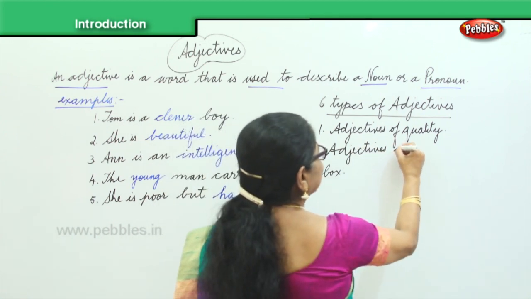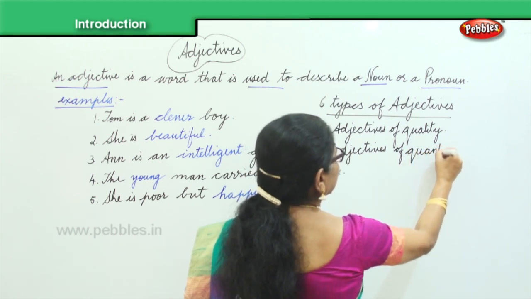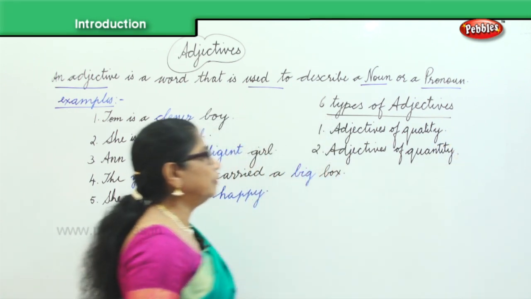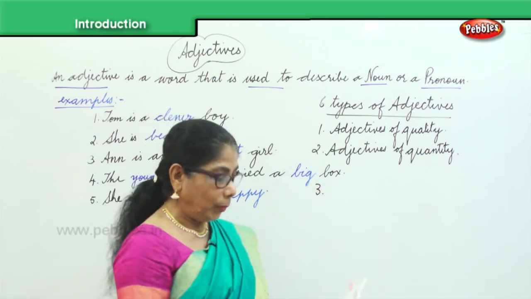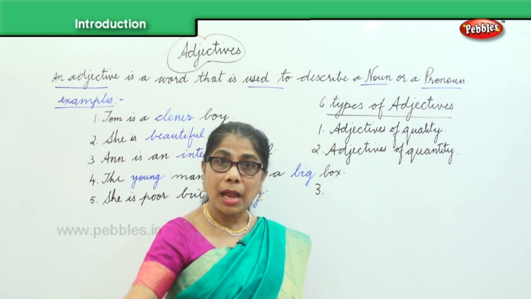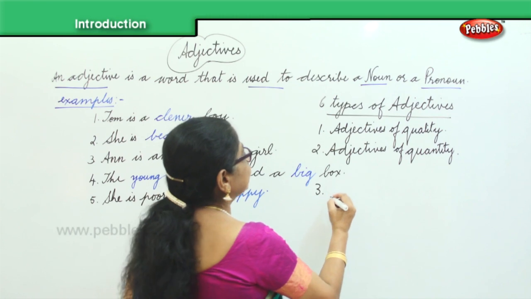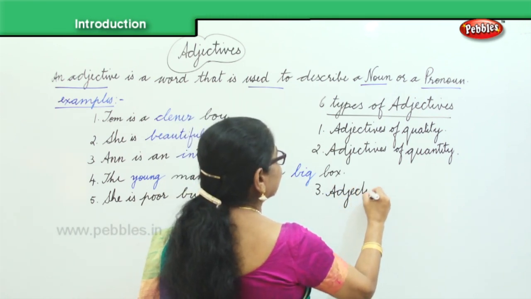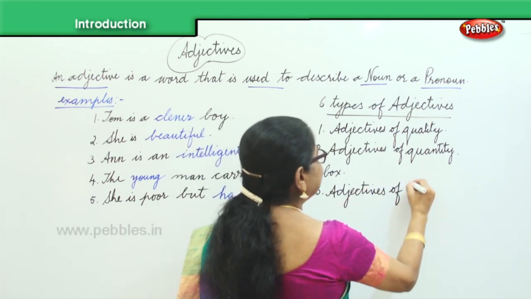Quantity. Adjectives of quality, adjectives of quantity. And next we have the third one, adjectives of number, telling how many pencils she took away, how many boxes he brought in. So adjectives of number.